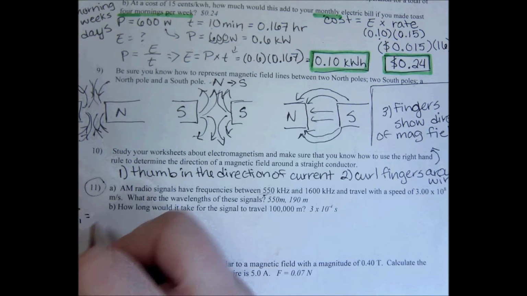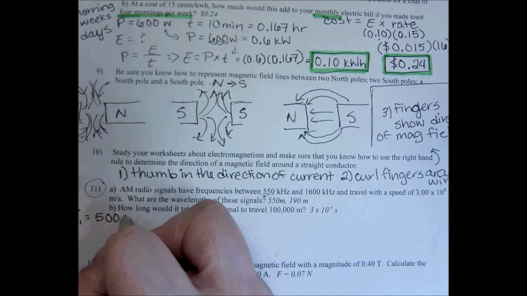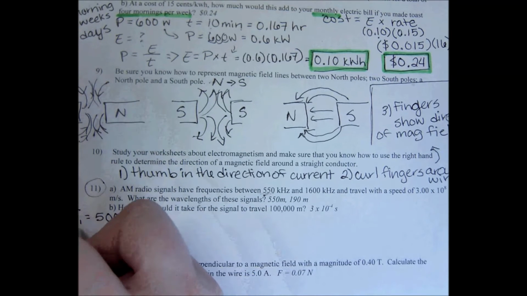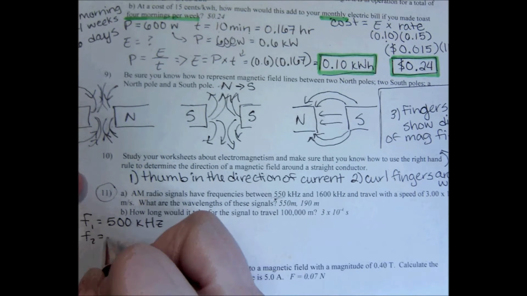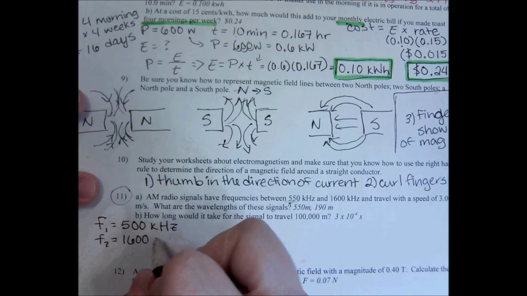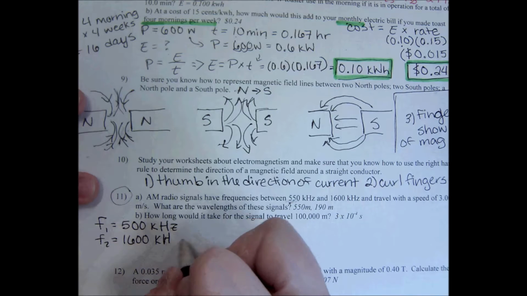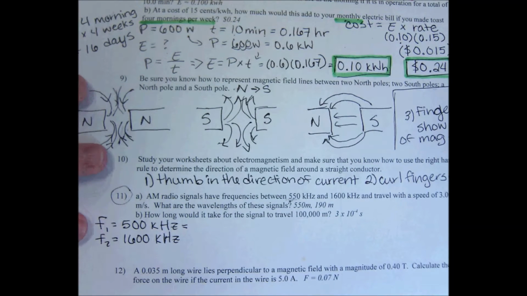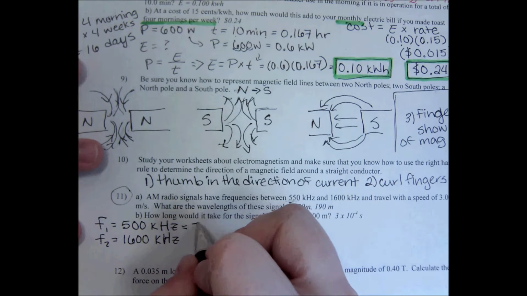So we have our first frequency is 500 kilohertz, and our second frequency is 1600 kilohertz. Now, we don't want kilohertz, so we need to move the decimal 3 places.